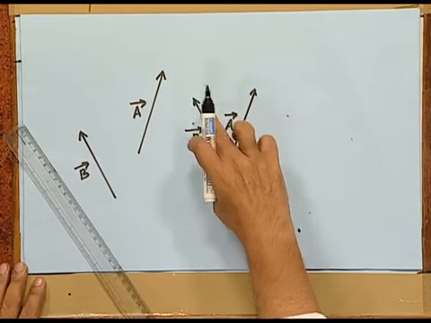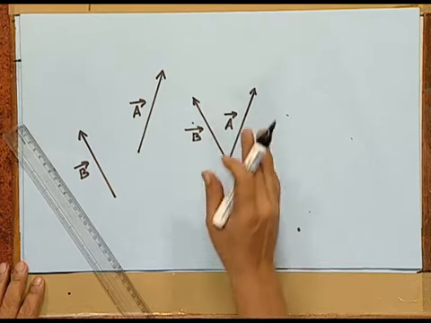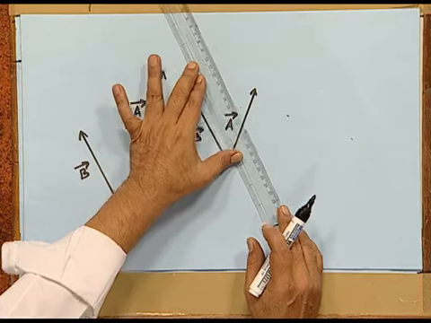Vector A and vector B are two sides of the parallelogram. Complete the parallelogram. How do we do it? Draw a line parallel to this.